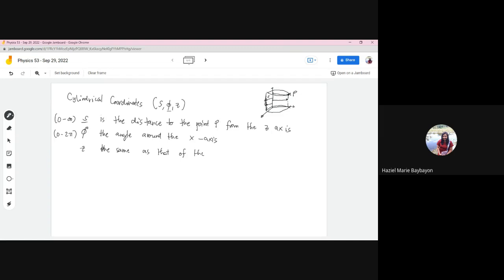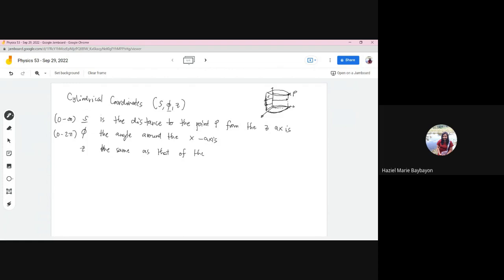And then phi is kini siyang angle class around the x-axis. So kung asa imong point, for example, imong point P kay naa somewhere in the first octant. Okay, so naa siya sa first octant.